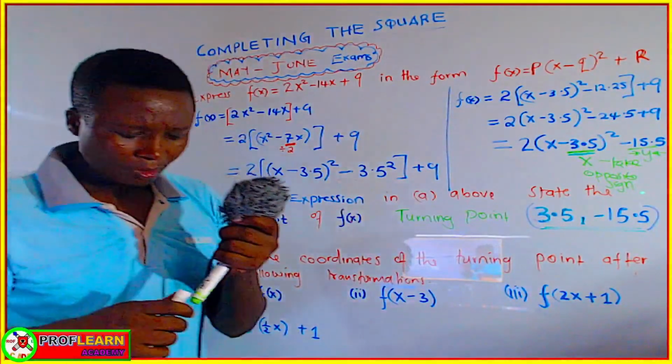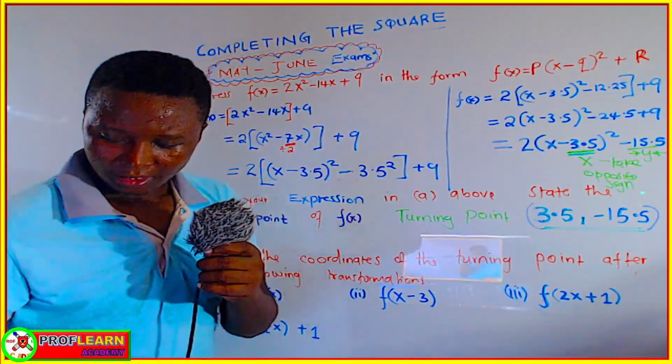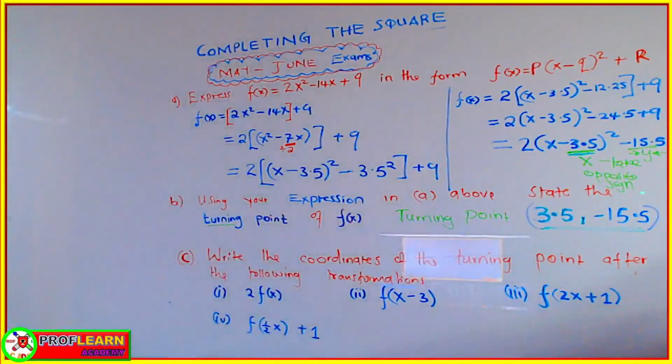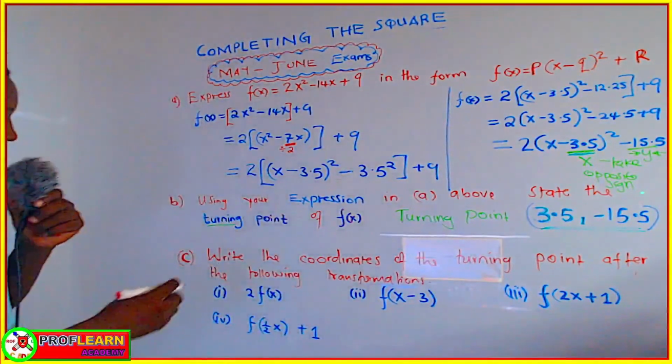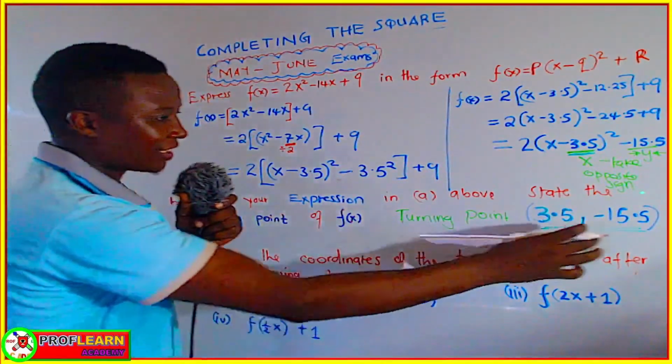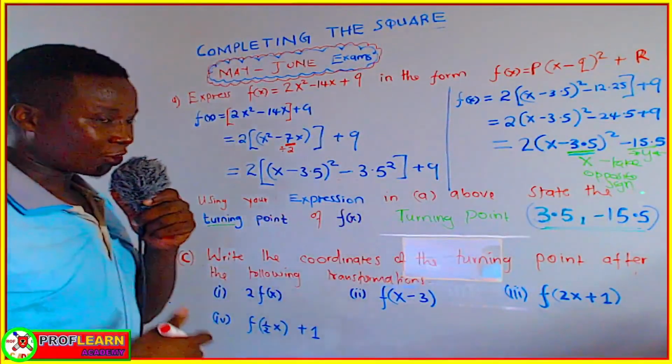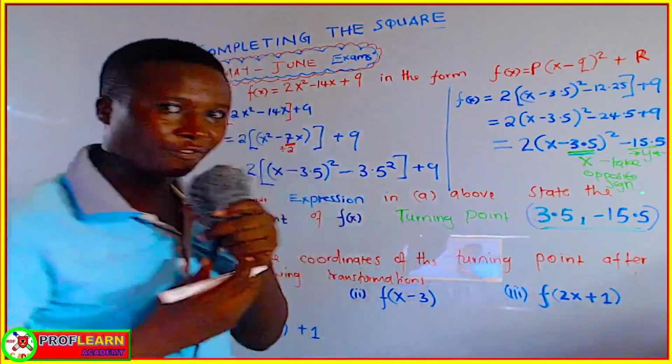Now, once you have answered this particular question, you can see down here we are supposed to write the coordinates of this turning point after the following transformations. You need to be very careful.